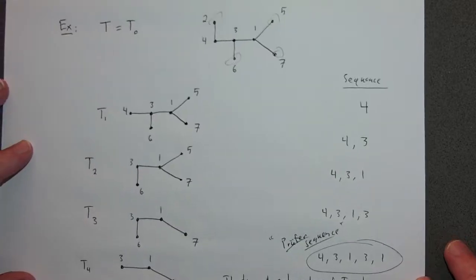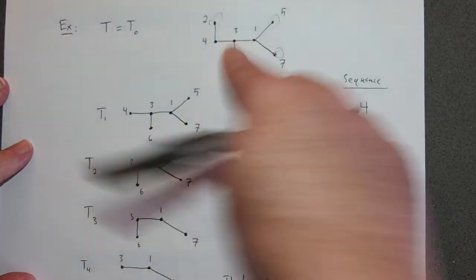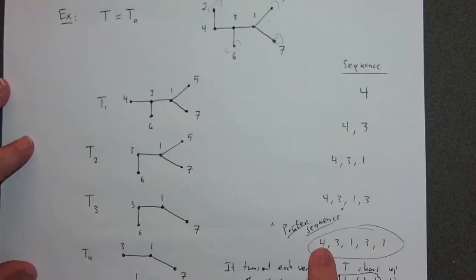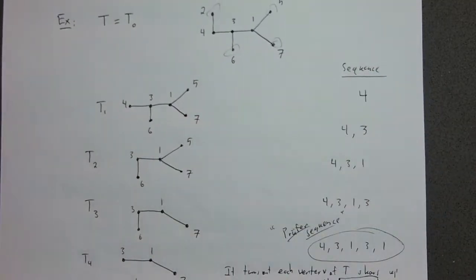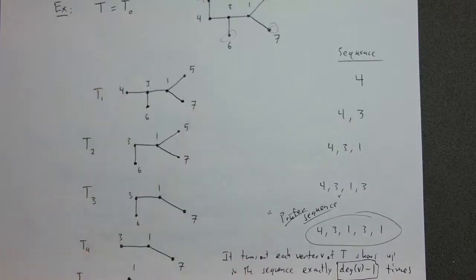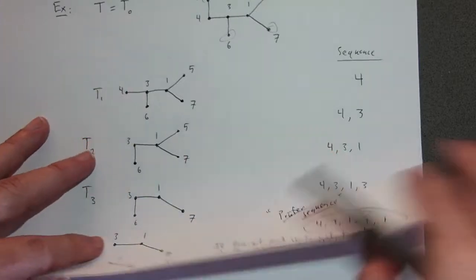So 1 and 3 have degree 3, so they show up twice in the sequence, and 4 is degree 2, it shows up once, and none of the leaves show up at all. And this is not a coincidence. If you trace through this process, of course, it's going to be clear why it has to work this way. Now, let's go in the other direction.